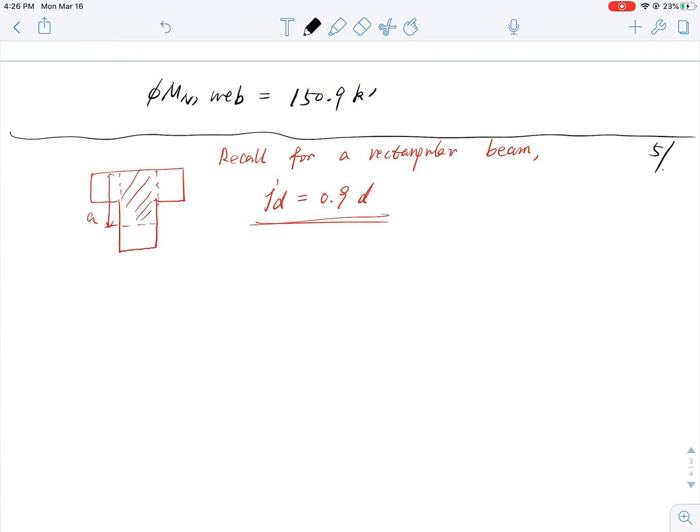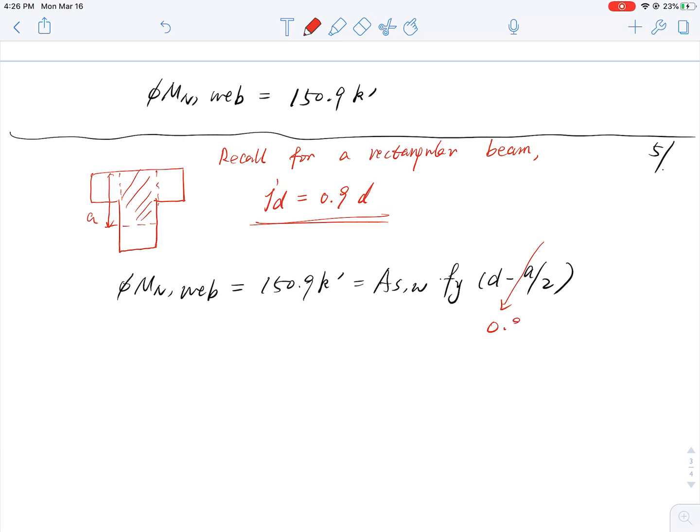So in this case, I have phi Mn web equal to 150.9 kip-feet equal to A_s web, which is the reinforcement balancing the compression force from the web, multiplied by f_y and (d minus half a). But now I don't know d minus half a, so I'm going to approximate this as 0.9d, or jd.